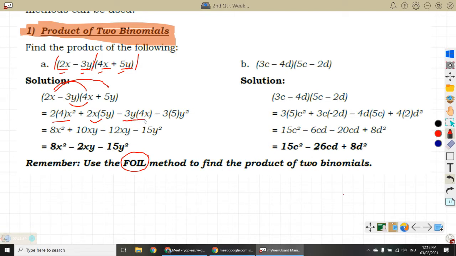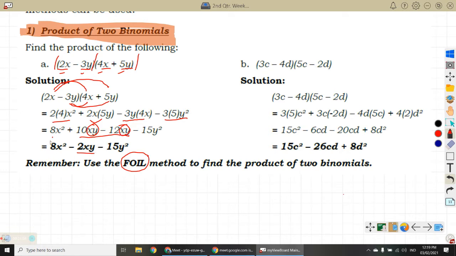And negative 3y times 5y. Then you compute 8x squared plus 10xy minus 12xy minus 15y squared. And then combine like terms. Since they have the same variables, xy, we can combine. Combining gives negative 2xy, 10 minus 12.